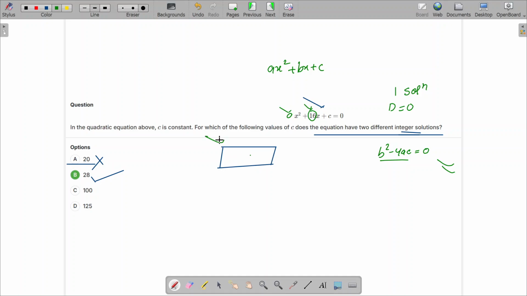If it is SPR based, I'll never tell you to use slider, because there you have to only drag and roll the slider and check at what value you are getting two integer solutions. But when options are given, you can simply plug in these options. You can write down these options and check. I hope it makes sense. Many students make this mistake and waste a lot of time in just sliding the sliders.